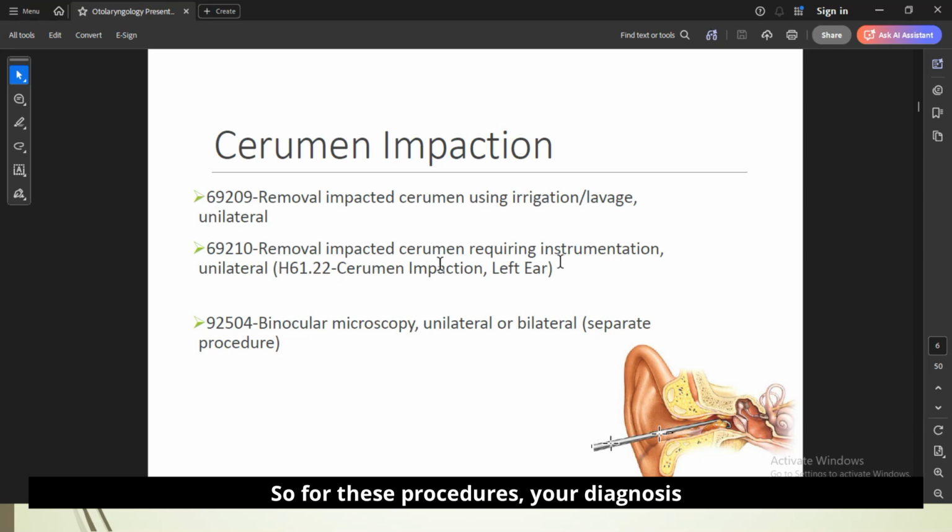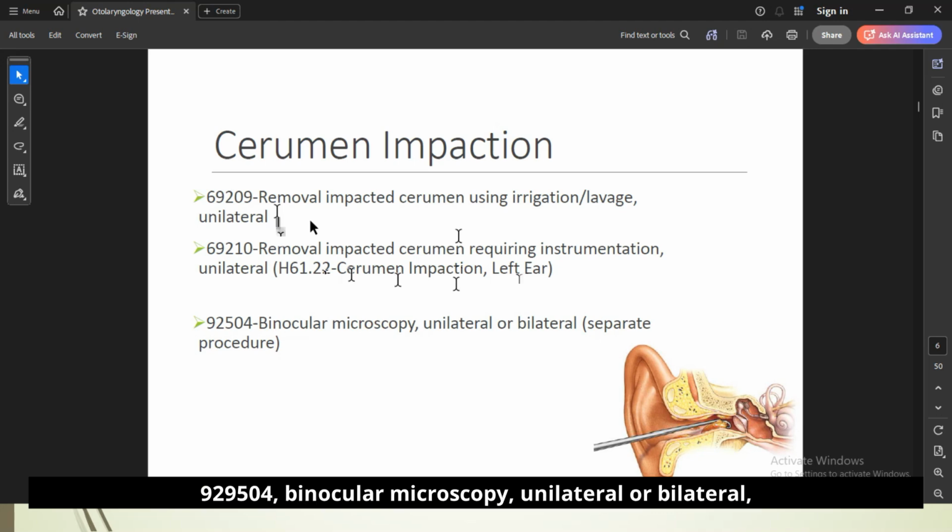For this procedure, your diagnosis is cerumen impaction, left ear for example. If it is the right ear, you code the other code. To use these two codes, 69209 and 69210, your diagnosis must be cerumen impaction. This is the medical necessity. If you don't code cerumen impaction as your principal diagnosis, you may get a denial.